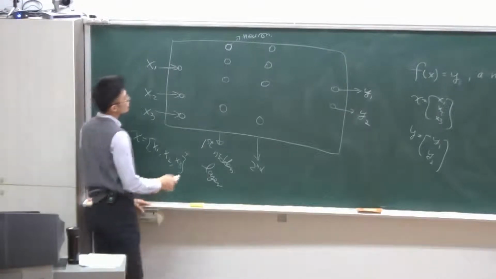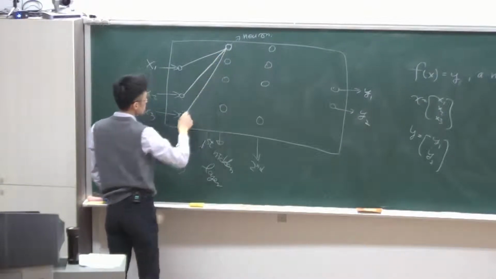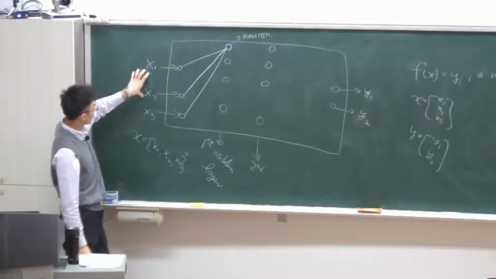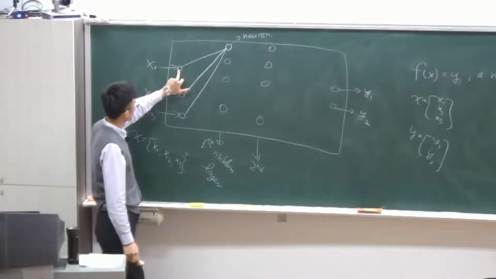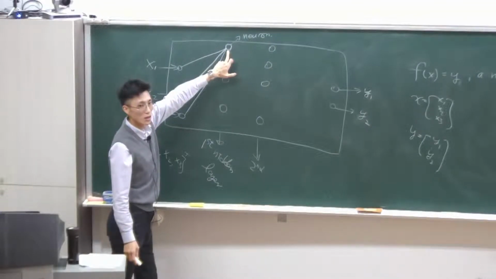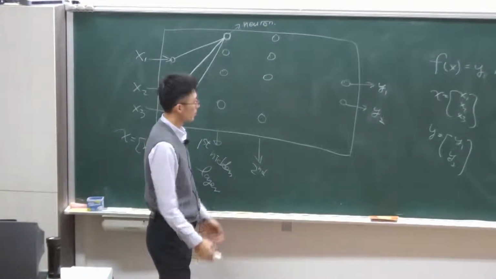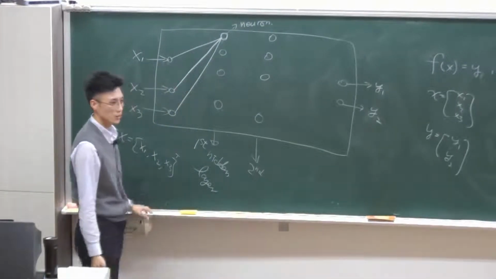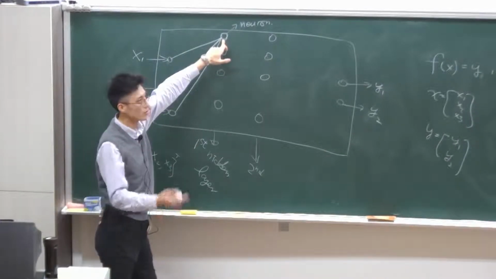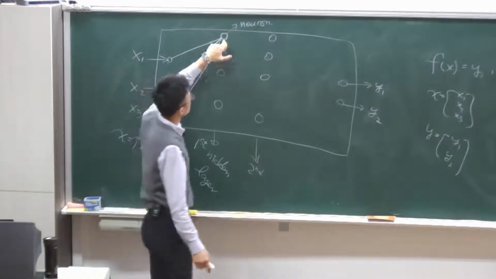And a neuron is connected to each input. Each input will send its value into the neurons. And the reason that you can do nonlinear approximation is that the neuron you can consider as a small function doing a nonlinear operation.